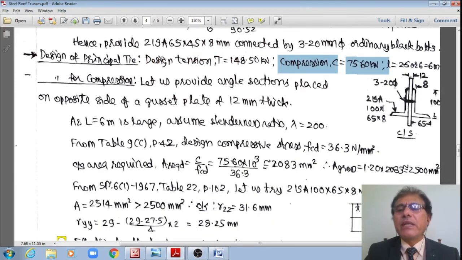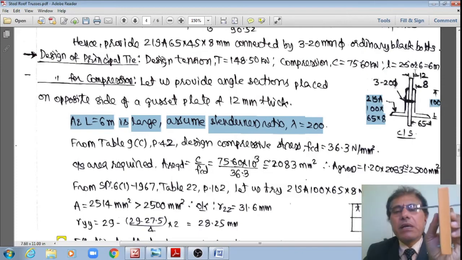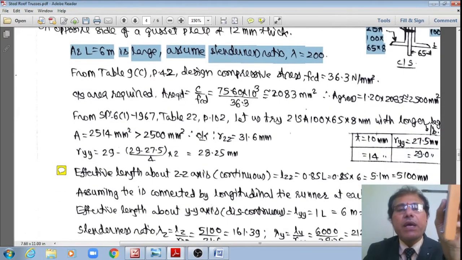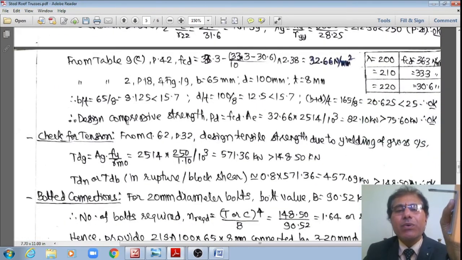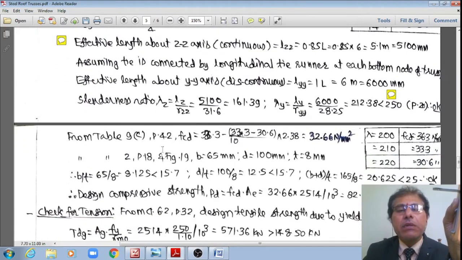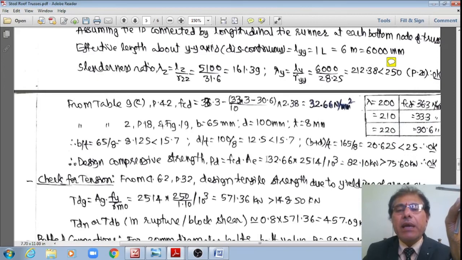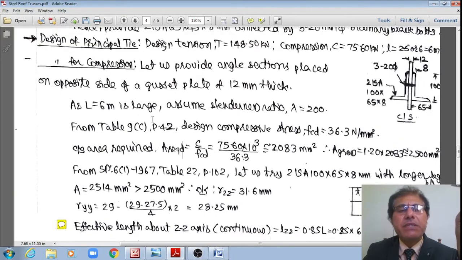Therefore, there I have provided the same section, 2 ISA 100 by 65 by 8, connected to one side of a 12 mm thick gusset plate, like this. There I have shown that this section was able to carry a design compressive strength, because there I have already checked the design for compression.